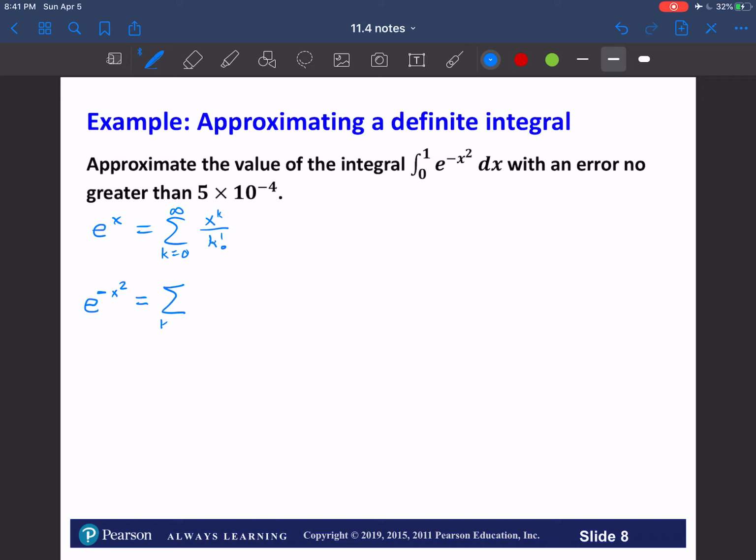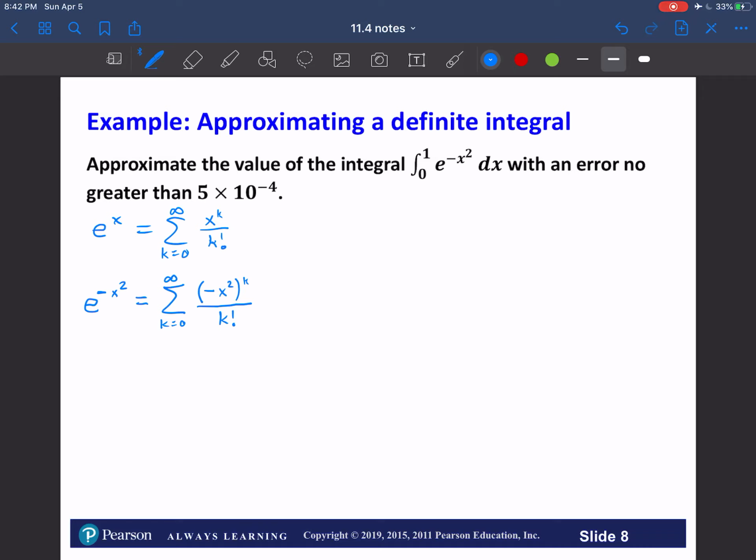And this idea is one that we talked about in a previous section. Basically, the only thing we have to do is replace the x with negative x squared, because this is a power of our x, and we multiply by a constant. All right, so we can write this as negative x squared to the k power divided by k factorial.